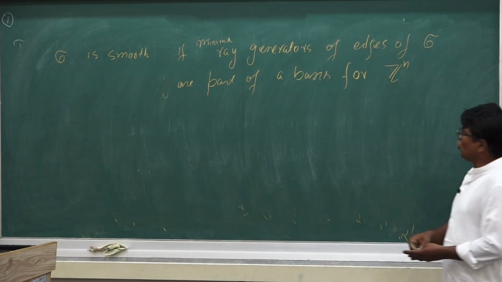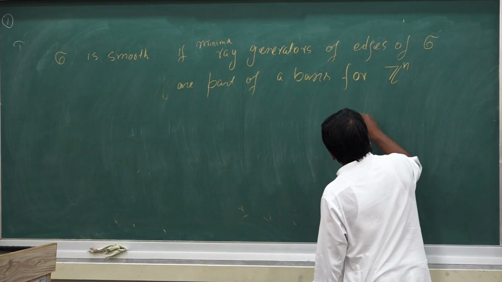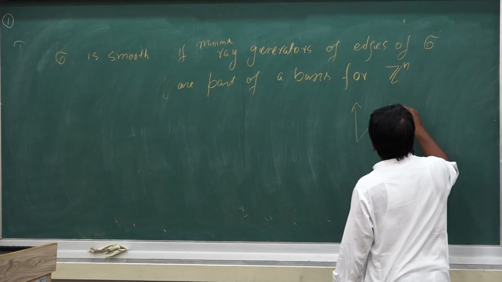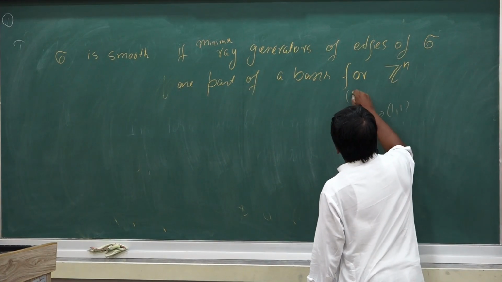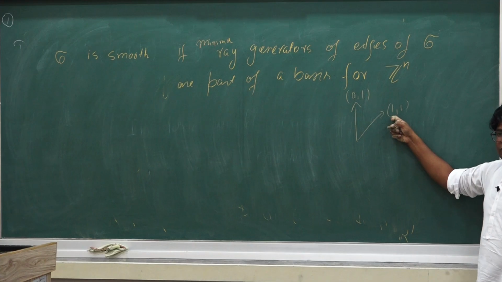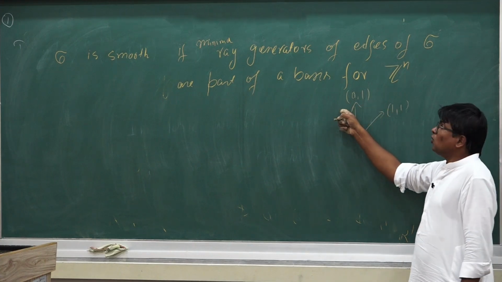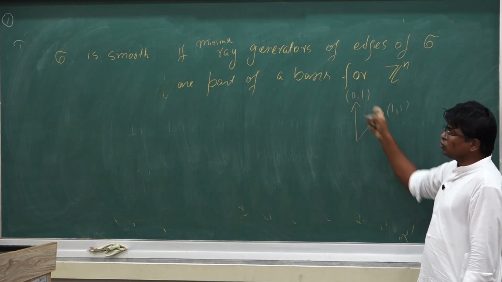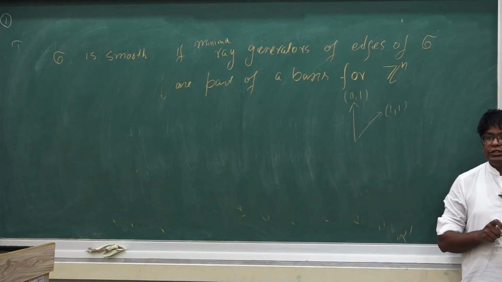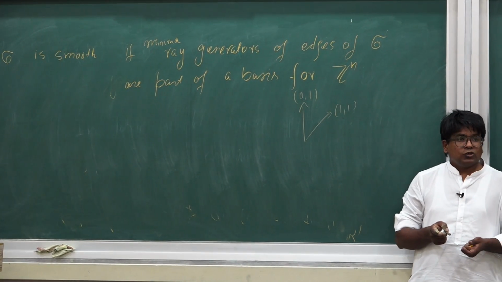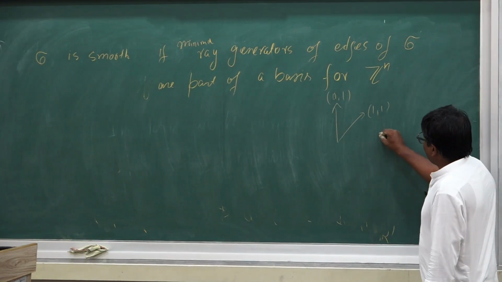So what does it mean? It means that if you have, let's say, the cone generated by (1,1) and (0,1), the ray generators of the edges are (1,1) and (0,1). Note that these two generators are also generators of your Z^2.